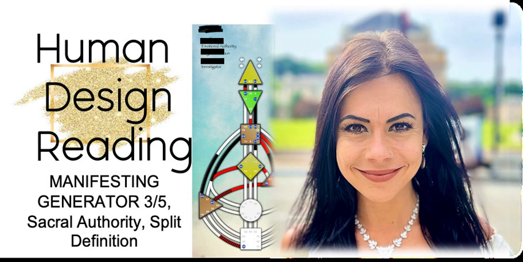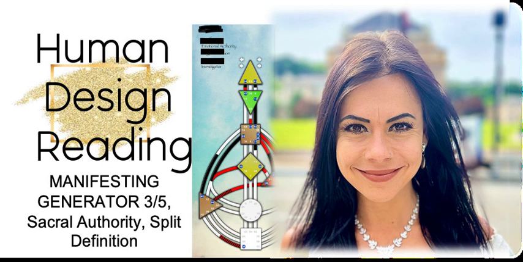They are the first ones to create from the very beginning, to initiate everything. Manifesting generators and generators get to respond to what is coming their way. So they don't get to be the first ones to initiate. They get to respond to an initiation. That is the strategy of a manifesting generator and a generator.